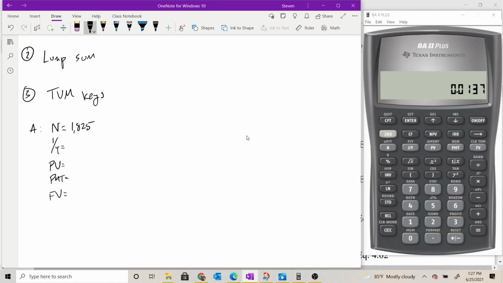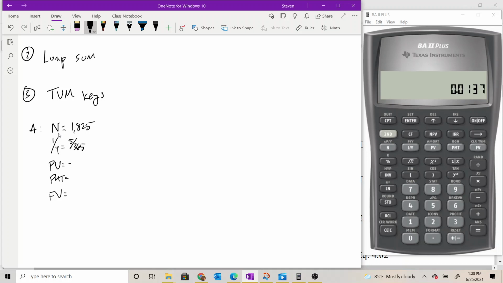Since that is in days, our I over Y needs to be the daily effective rate, which I know we've already calculated here. It's still on the display. But instead of writing in that 4 decimal approximation, I'm actually going to write here 5 divided by 365 to remind myself that I want to actually have the calculator do this division and then store the calculated answer instead of typing in that 4 decimal approximation.